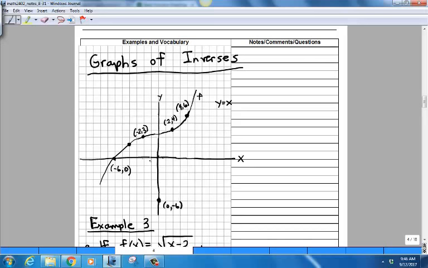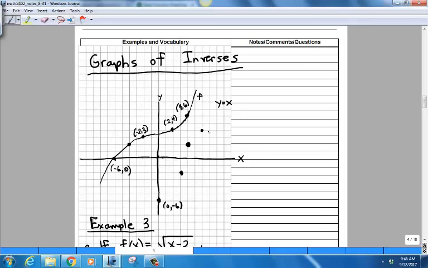So I have minus 2 and 3, so what point's on the inverse? 3 and minus 2 right here. And then I have 2 and 4, so I know 4 and 2 is going to be on the inverse right there. And I have 4 and 6, so I know 6 and 4, right there, is going to be on the graph of the inverse.